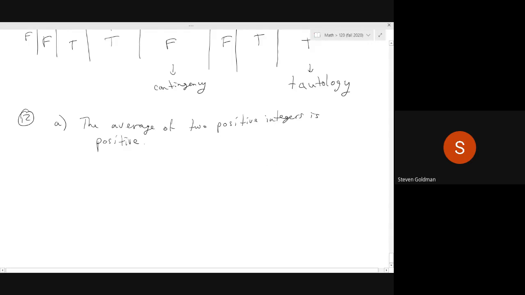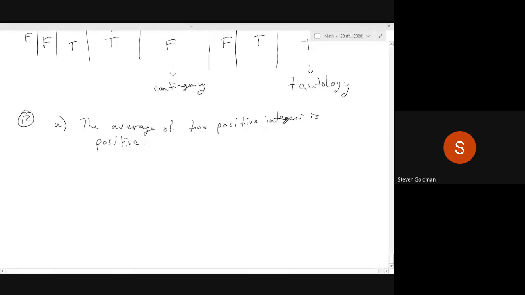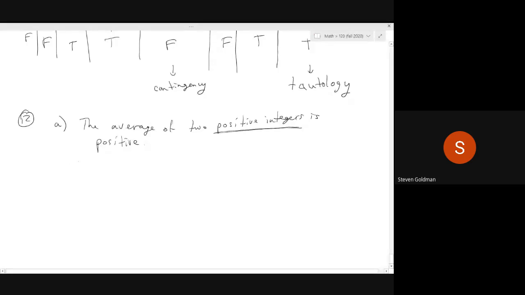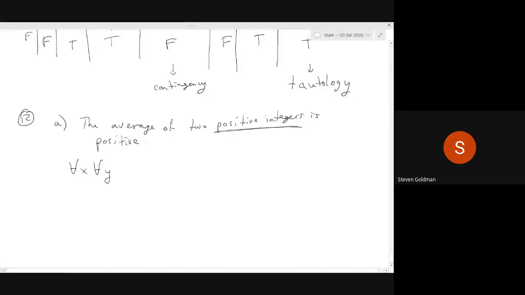The domain was the set of integers, and we want to talk about positive integers, so we're going to have to restrict our domain. We have 2 variables, so we'll write it as for all integers x, for all integers y.